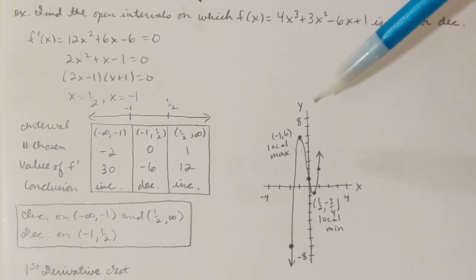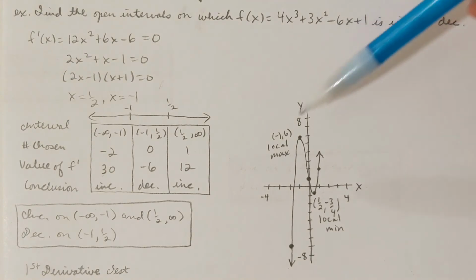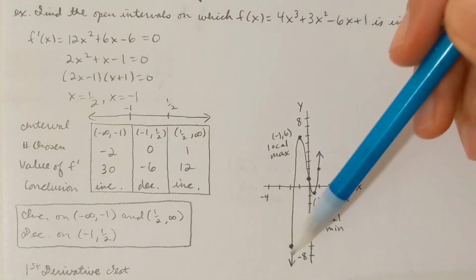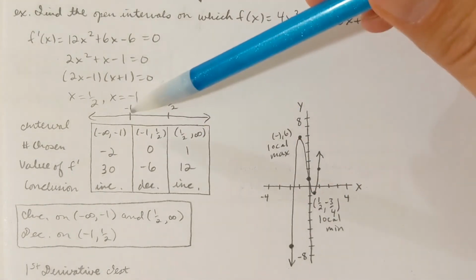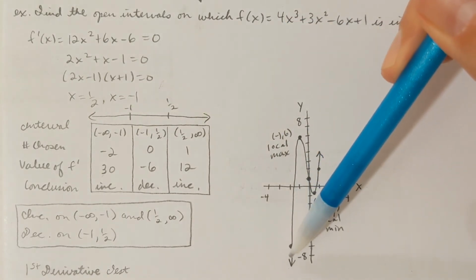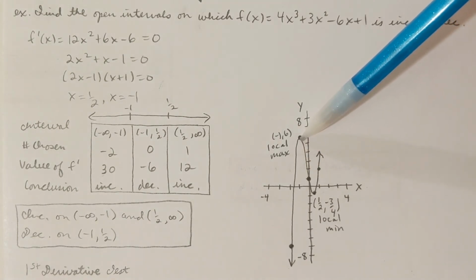So if I take a look at a picture, here's the graph of this curve, and I've got some points plotted there. Of course, I could set up a table and plot some points, but I'm going to be increasing on the interval negative infinity to negative 1. So the curve will be rising there as long as I'm less than negative 1.